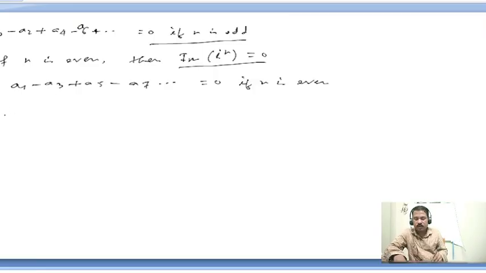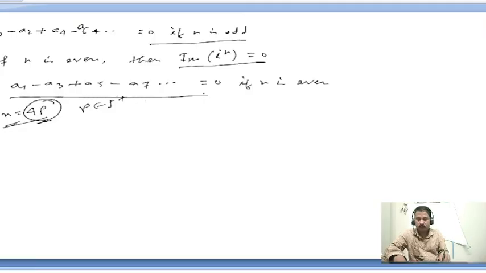The remaining option, that is n equals to 4p, p belongs to positive integer. So positive integer, this is an even number, obviously n equals to even. So for the even case we get the result here. So this is the correct option and this is not.